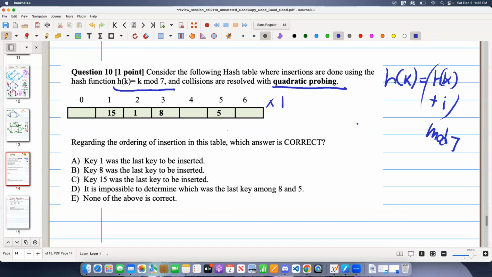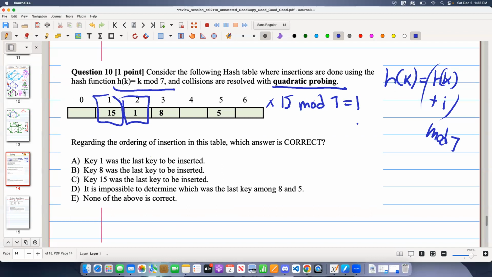For quadratic probing, is it the i squared? Yes, the i squared each time. Exactly. We know 15 is first because 15 mod 7 is equal to 1.